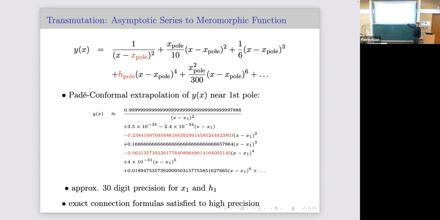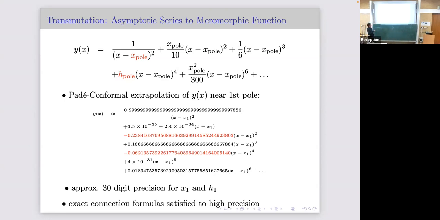You can now make a Pade in the x-plane of that thing. And you discover, and this was done with 50 terms of the expansion, it's supposed to match this form. So first of all, you can find the location of the leading pole to extreme precision.